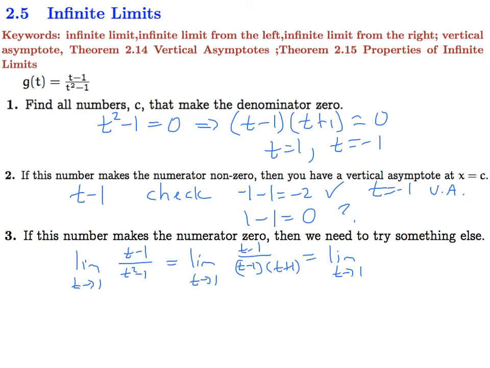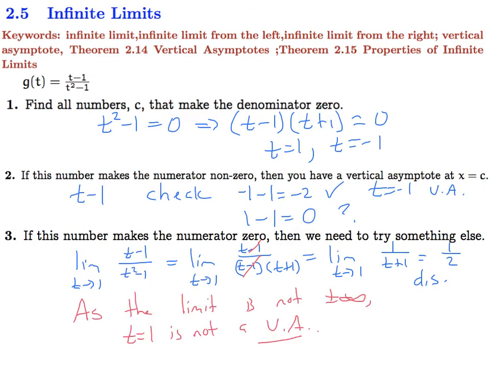Since limits don't mind canceling so much, we can go back and cancel. And we're left with 1 over t plus 1. And now this is a nice rational function, so we can directly substitute and get 1/2. And so we see here, since the limit is not equal to infinity, this is not a vertical asymptote.